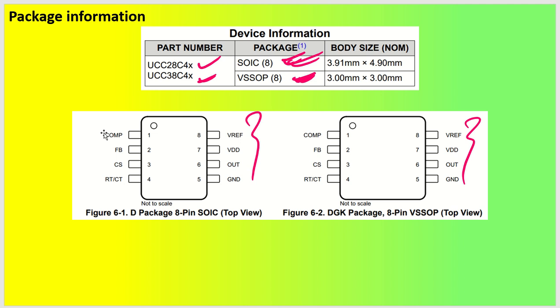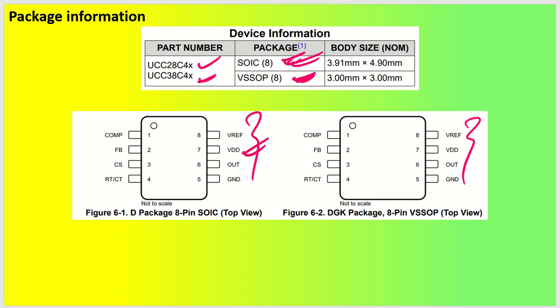So we have the compensation pin, feedback pin, current sense pin, and the RTCT pin, which is used for frequency setting. We have the V reference pin, which gives you an output voltage of around 5 volt, and that can be used for external purposes also, let's say a pull up resistor, and mainly for internal circuitry power supplies.